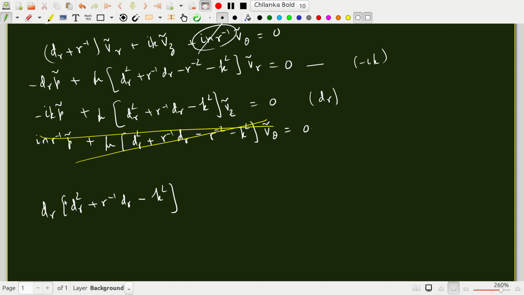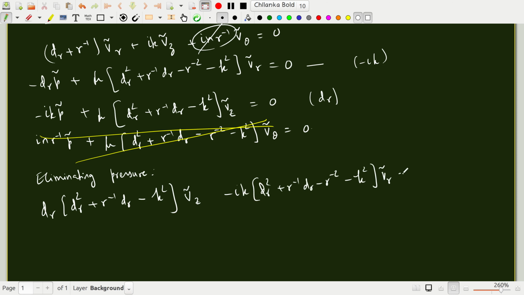We are eliminating pressure, so k squared Vz minus ik d r squared plus r inverse d r minus r to the minus 2 minus k squared operating on Vr is 0. Now we can differentiate this whole expression using this d r.